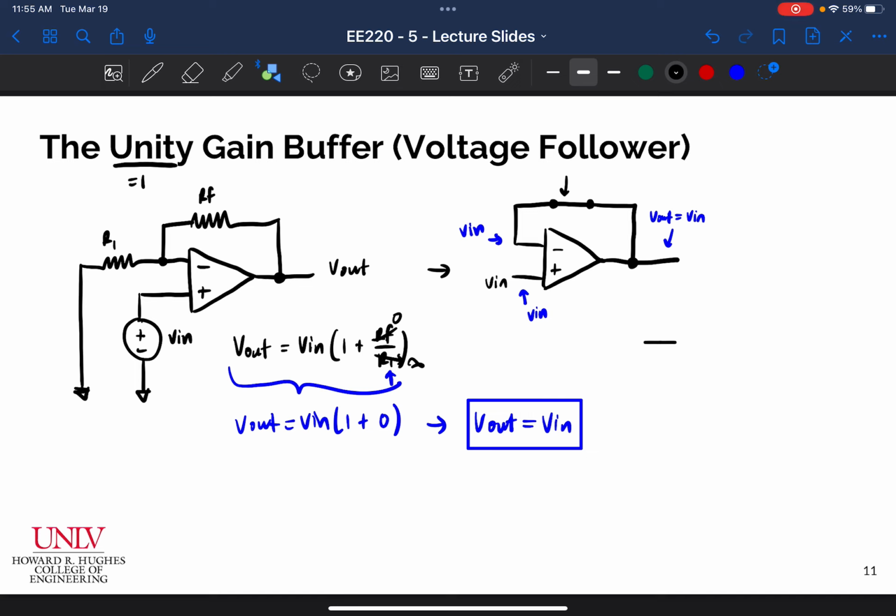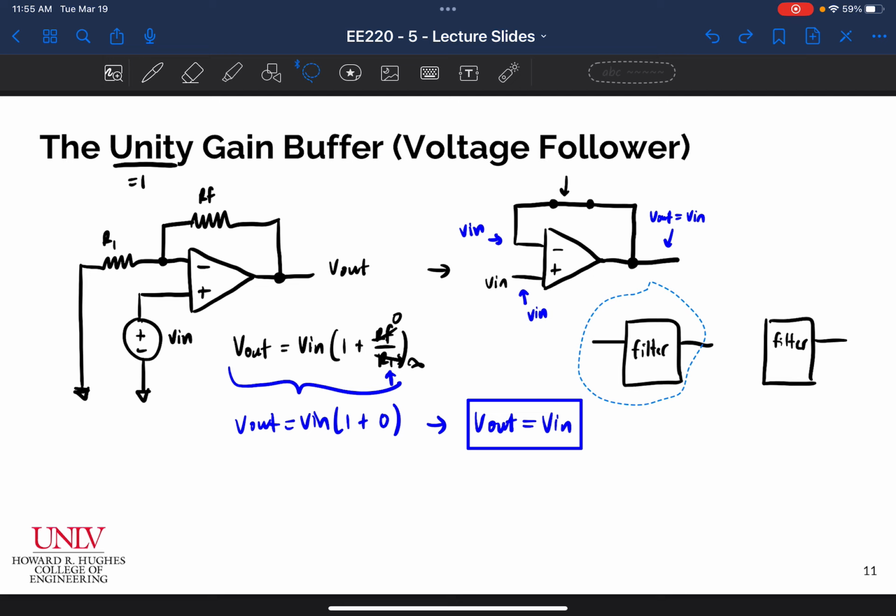But if I have some kind of filter here, or some kind of circuit here, and I want to connect this filter to another filter, if I connect them directly like this, then what I end up with is problems between the output impedance or output resistance of the first filter and the input resistance or input impedance of the second filter. Again, a lot of these are just words you've probably never even heard before, so I don't want to harp on this too much.